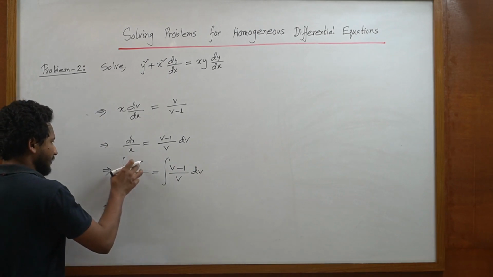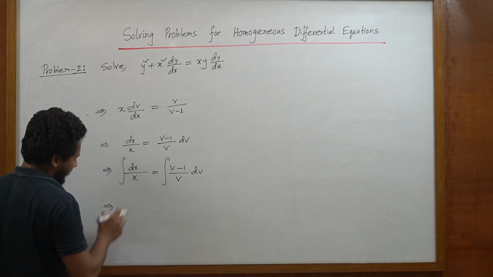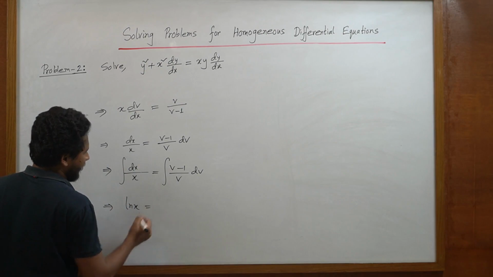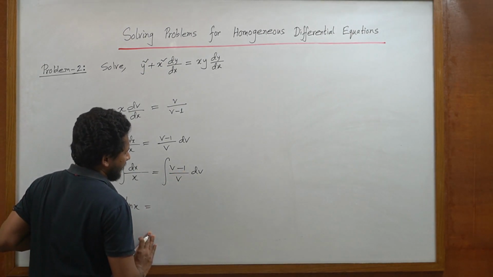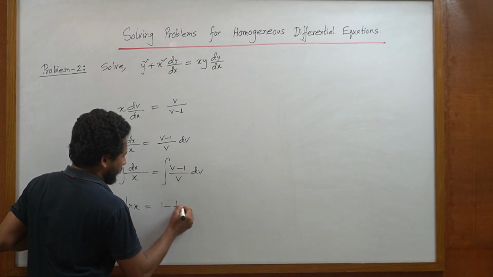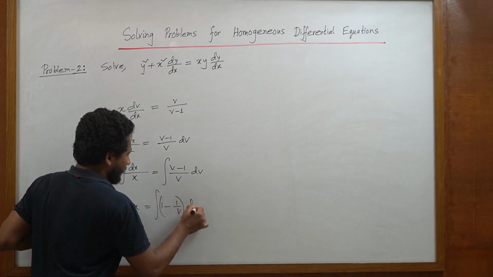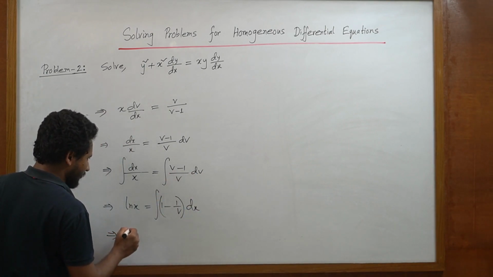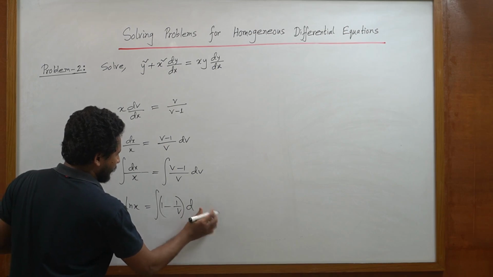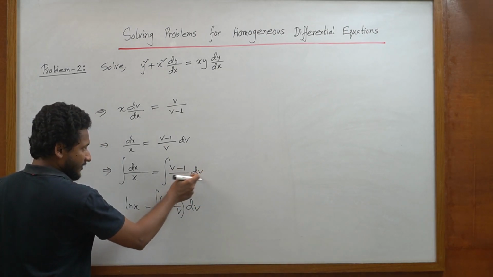We will get this side as ln x, and this integral is 1 minus 1 by v integration with respect to v, that is dv.